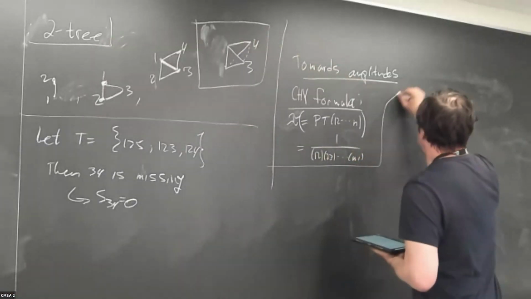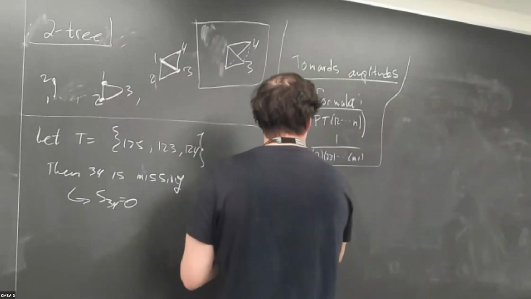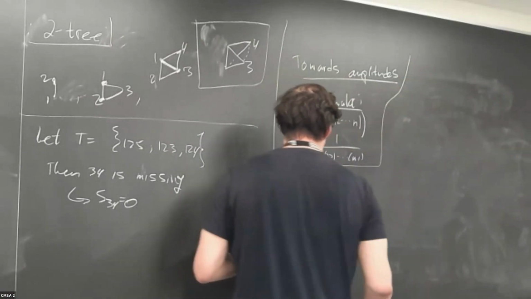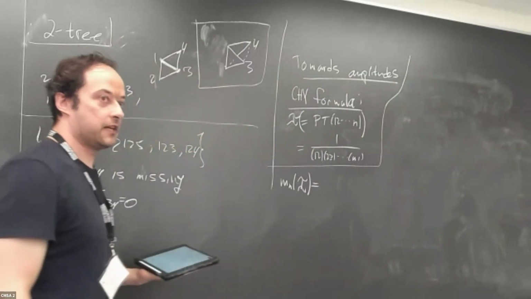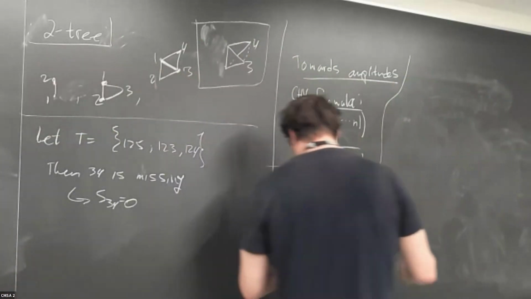Okay, so we'll keep in mind the CHY formula says M, N, Y, and for the experts, I'm abbreviating a little bit. There should really be a pair in here.